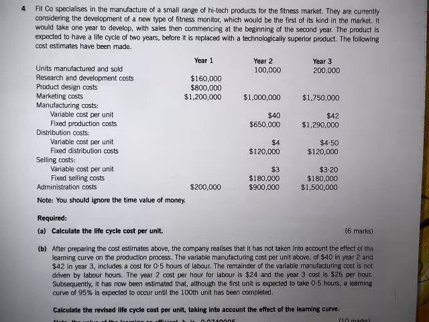They tell us the units manufactured and sold, research and development costs, product design costs, marketing costs, then the manufacturing cost, which includes the variable cost and the fixed production cost. The distribution cost, same thing, the variable cost and the fixed distribution cost. Selling also the same, the variable and the fixed, and finally the admin.